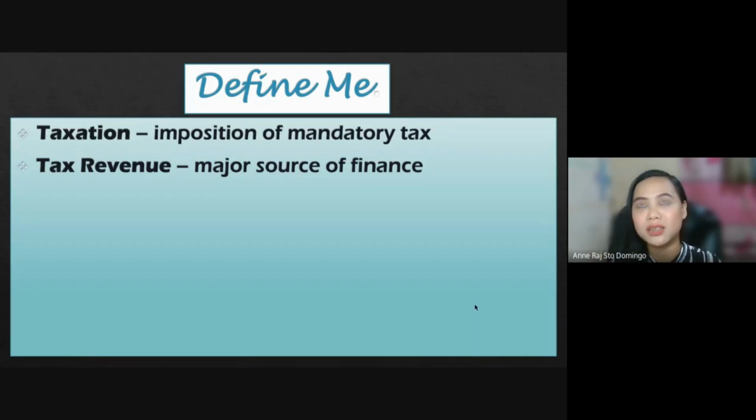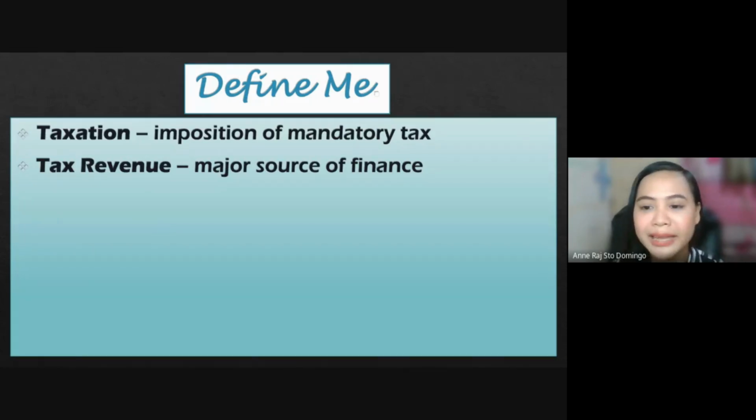So this so-called income is the major source of finance of the government for all the projects and services that were given, for all the projects na nilalahad sa atin ng government. Are you familiar with the tagline of a politician, yung buwis na binayaran para sa bayan?